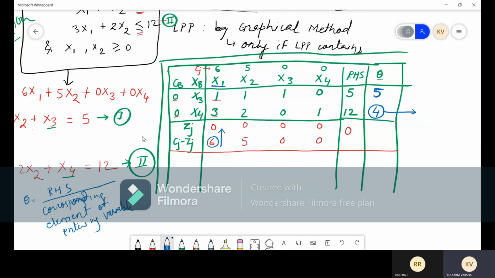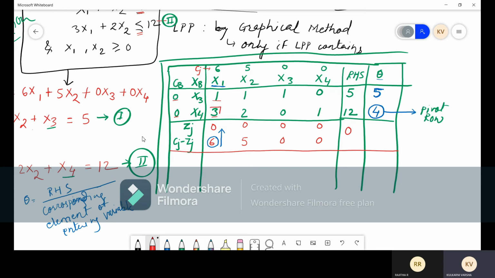X1. Whatever this leaving variable's complete row is, that is called the pivot row. The pivot element is the intersection element of the entering variable and the leaving variable, right? So this is the entering column, this is the leaving row. Where is it intersecting?